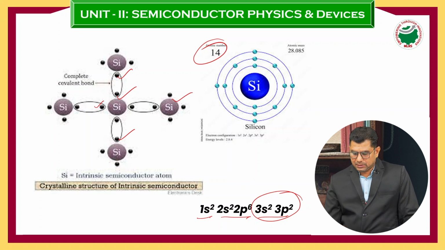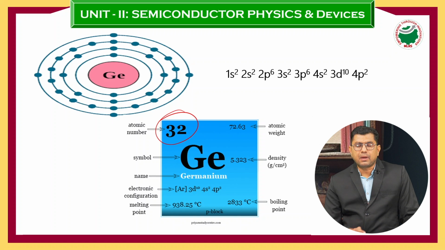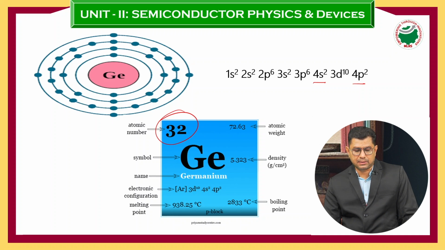Next one is germanium. Germanium's atomic number is 32. Again the outermost shell contains 4 valency electrons. Same as before, this germanium with 4 neighboring germanium atoms forms 4 covalent bonds like this. This is about the pure intrinsic semiconductor structure.